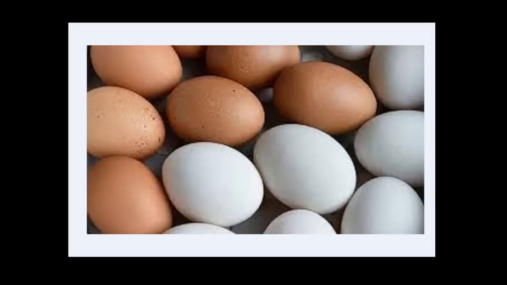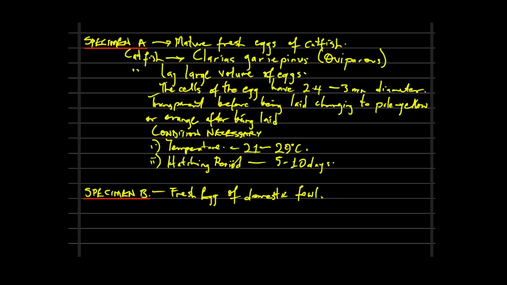Now, like I said earlier on, the eggshell is calcareous in nature, and this makes it possible for the eggshell to provide mechanical support or mechanical protection to the contents of the egg, to the internal structure of the egg.